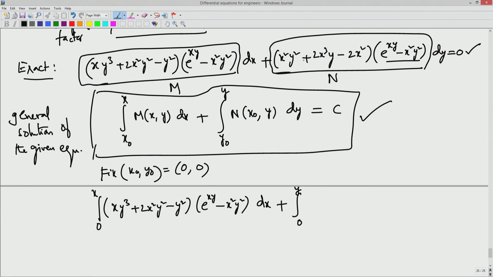Now in n you fix x equal to x naught, which is 0, so this becomes 0, this becomes 0, this becomes 0. So 0 into whatever may be 0. So you have 0 dy equal to constant. So you simply have to integrate only this part if you can. So how do we integrate this?